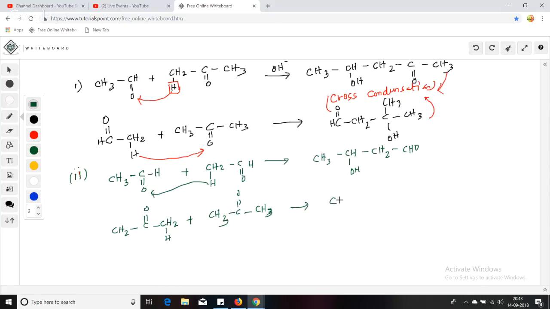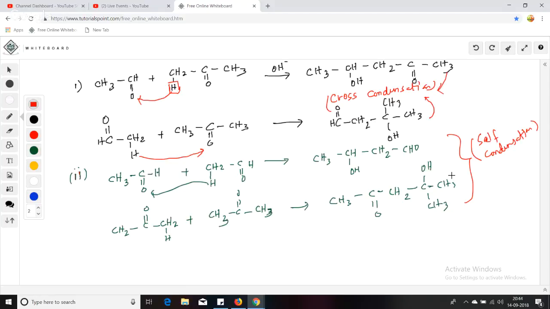So the product here is CH3C=OCH2C(OH)CH3 and CH3. Both these reactions we call self condensation. Why is it self condensation? Because the same molecules are reacting, same molecules of aldehyde and of ketone.